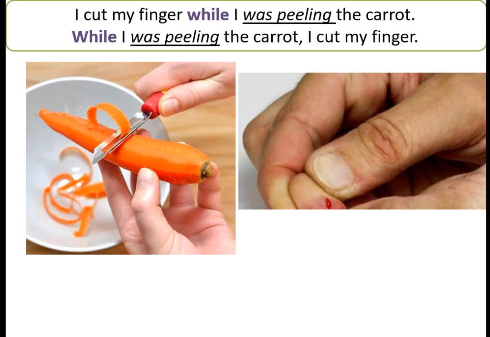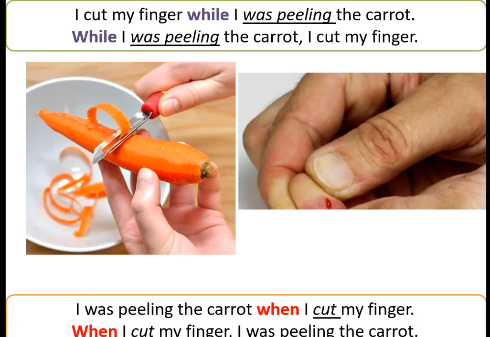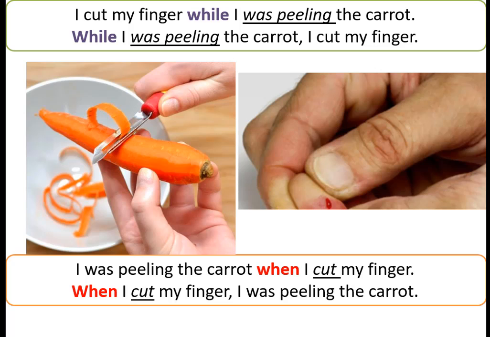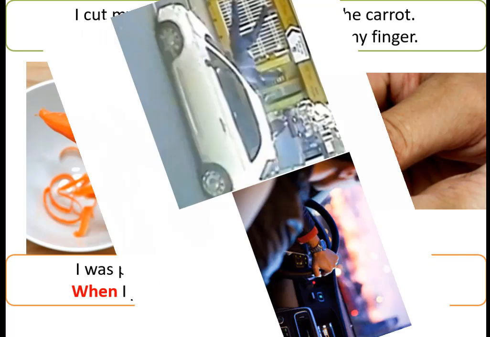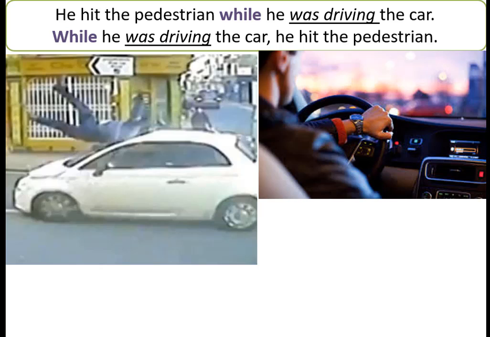I cut my finger while I was peeling the carrot. While I was peeling the carrot, I cut my finger. Or I was peeling the carrot when I cut my finger. Or when I cut my finger, I was peeling the carrot. He hit the pedestrian while he was driving the car.